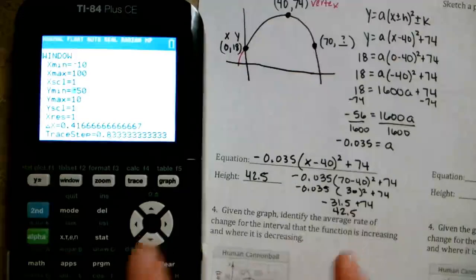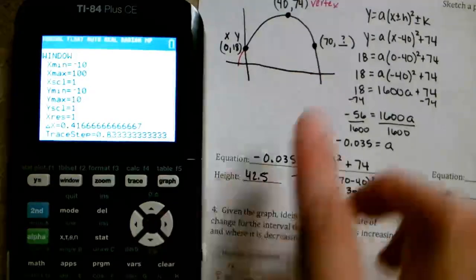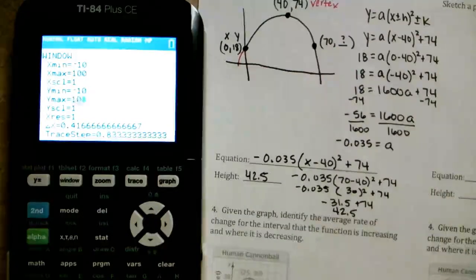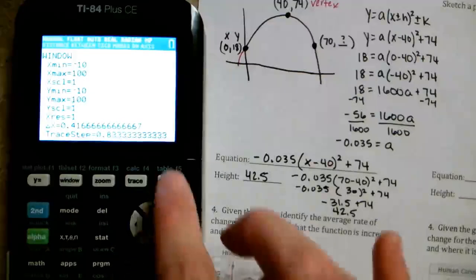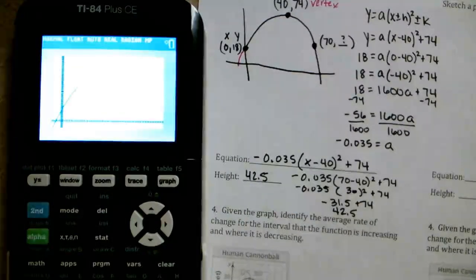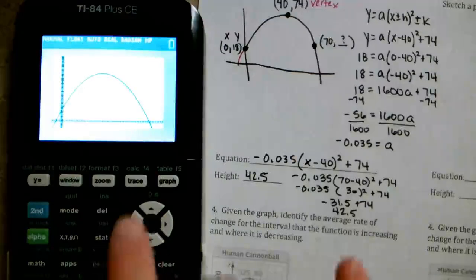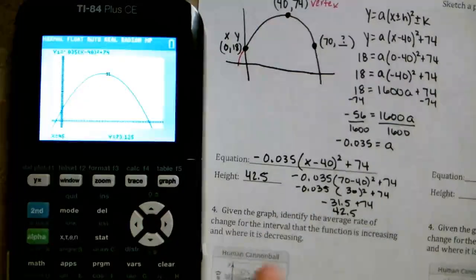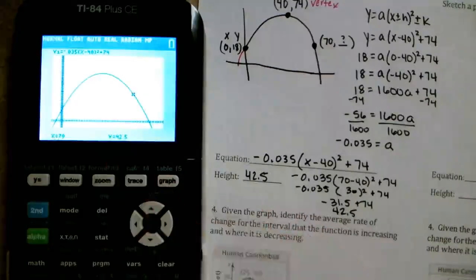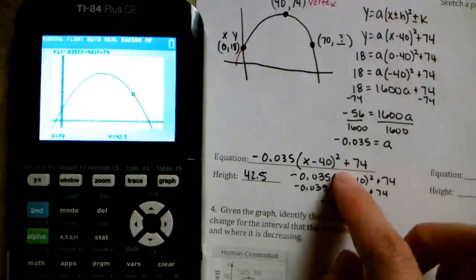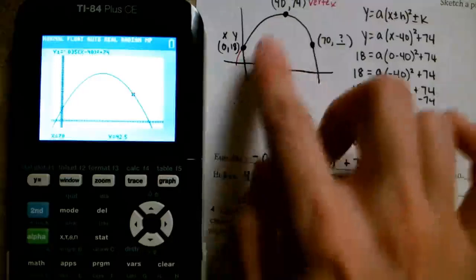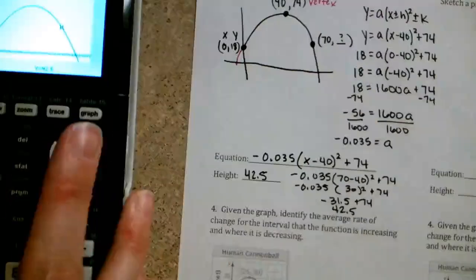And then we need our y to go up to at least 74, so I'm going to make that 100 also. And then we're going to see our picture. We can hit trace, and we can trace at an x value of 70, and we get 42.5. So that's another way you could do that problem. Okay, but you had to find your equation first. There's no way to do this without finding your equation first.